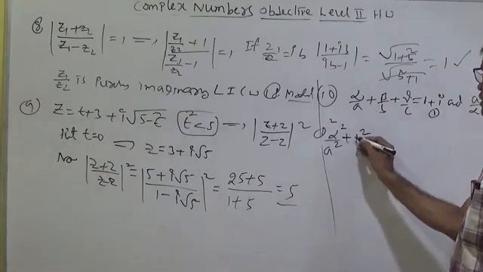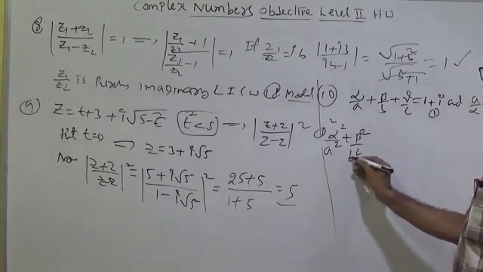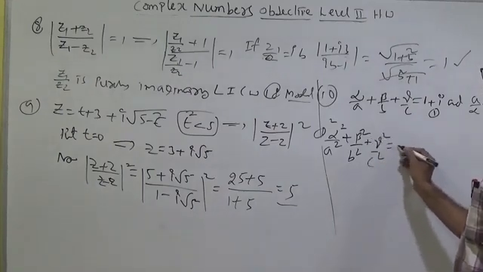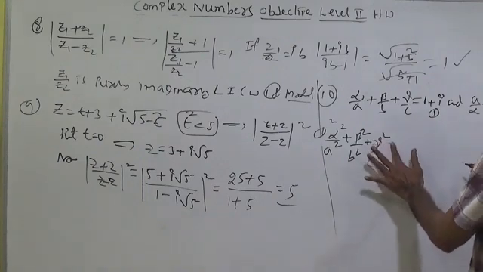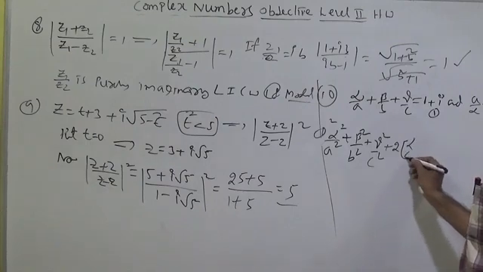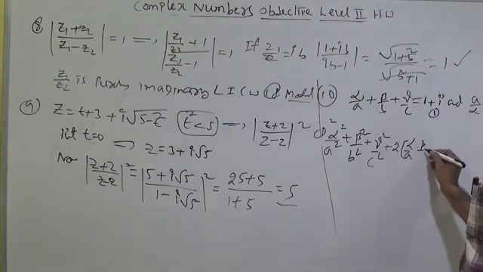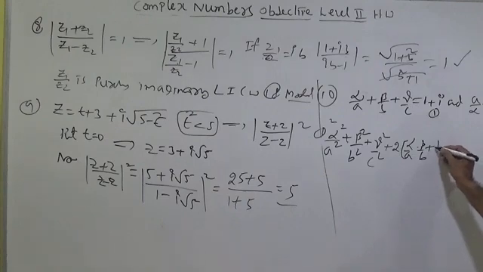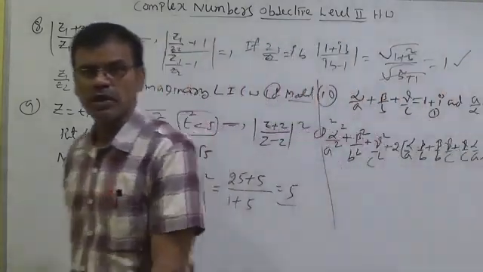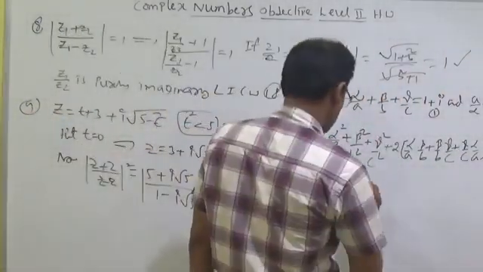Like this: alpha square by A square plus beta square by B square plus gamma square by C square plus 2 into (alpha by A into beta by B plus beta by B into gamma by C plus gamma by C into alpha by A) is equal to (1 plus I) whole square.